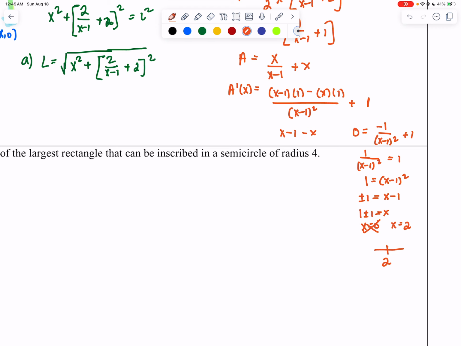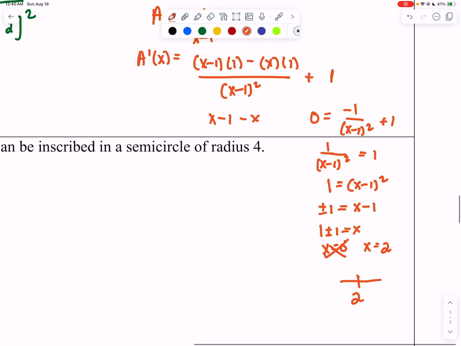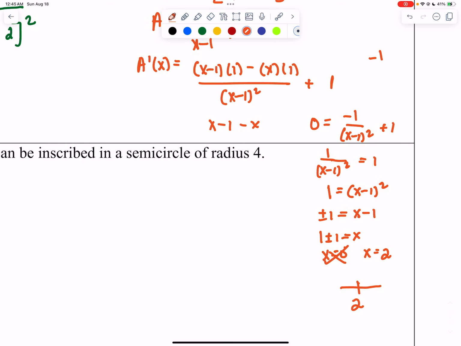So instead, we're going to have to pick something like 1/2 and see what happens there. And then we're also going to see what happens if I pick something like 3. If I pick something like 3 here, I'm going to have negative 1 over (3 minus 1), which is 2. 2 squared is 4. Negative 1/4 plus 1 is going to be a positive number, so this is going to be positive.